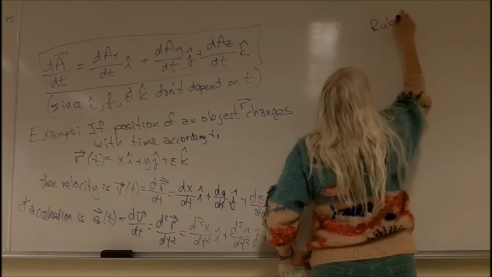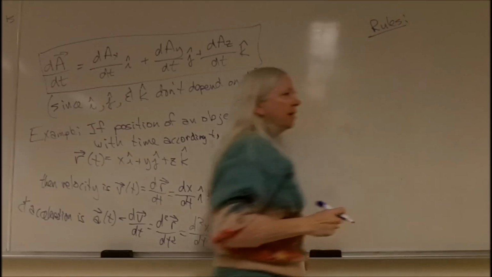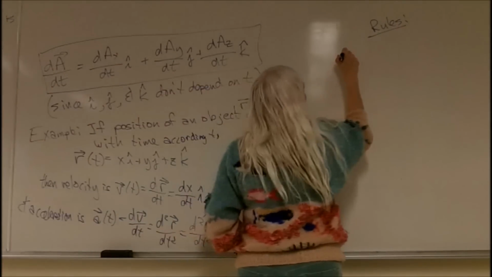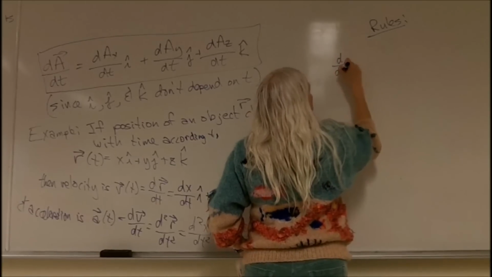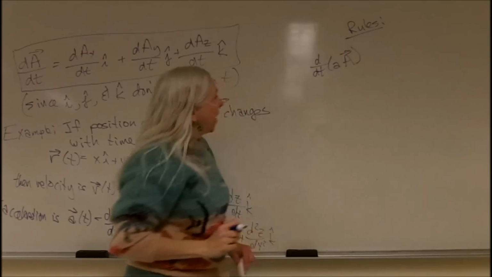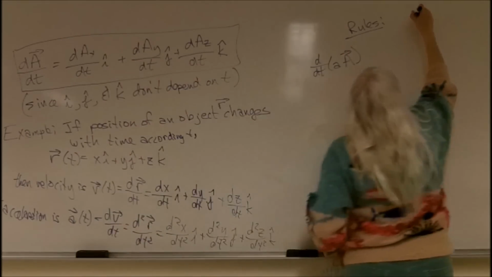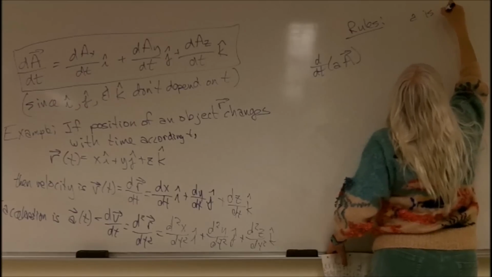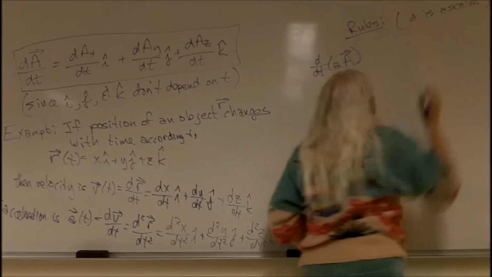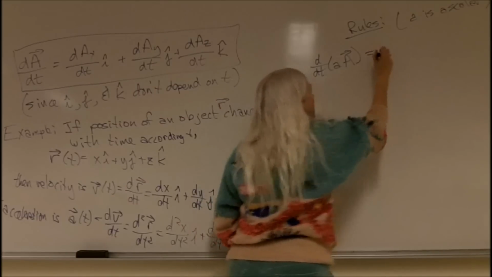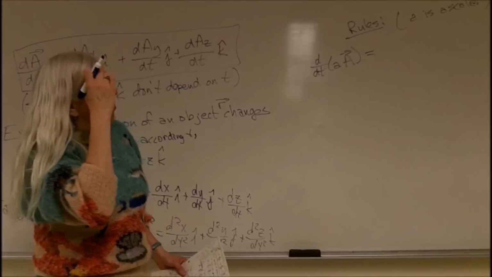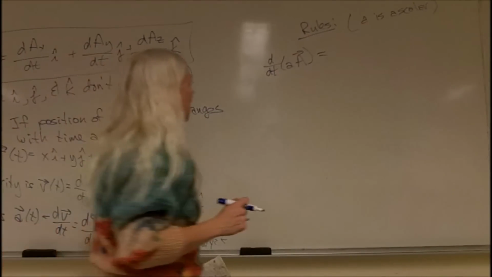There are also a list of rules here that come into play when we're taking derivatives. If we have the derivative of the quantity little a times capital A, where little a is a scalar, and little a could depend on time also, a scalar could be a function of time also.